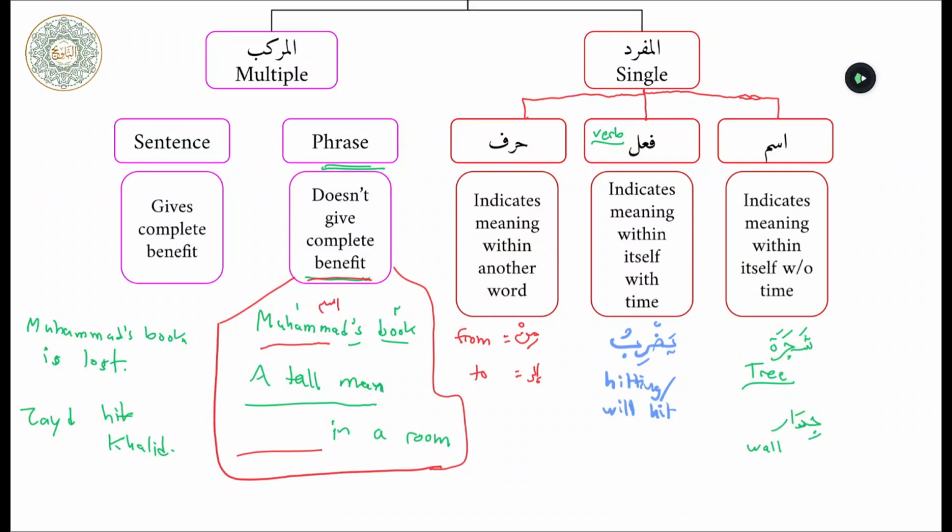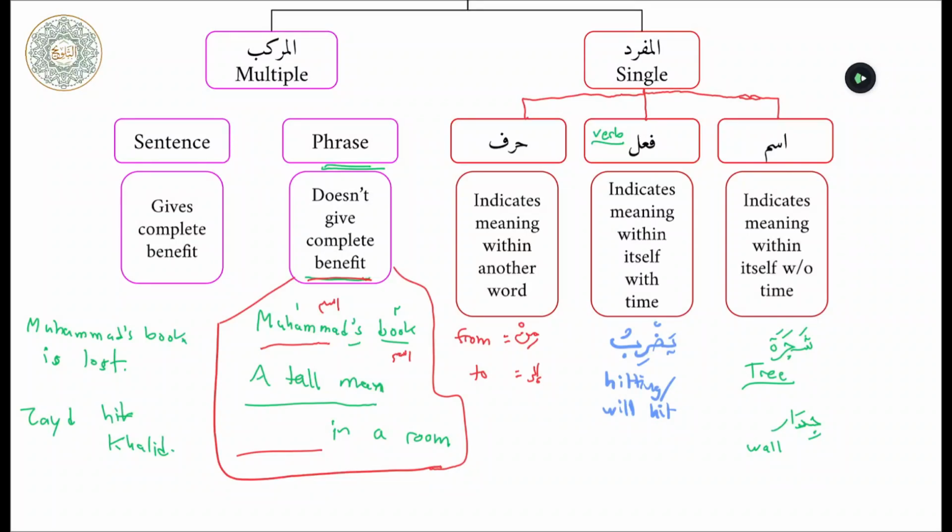Does that indicate a tense? The answer is no. Because book, you think of a book free of any tense. You think of a book, a number of pages put together, free of any tense. And therefore, Muhammad's book, that over there would be an ism. Even book as well would be an ism.